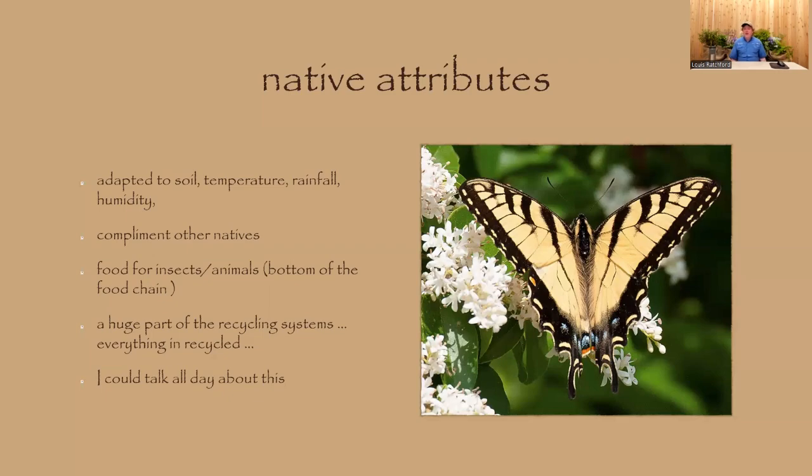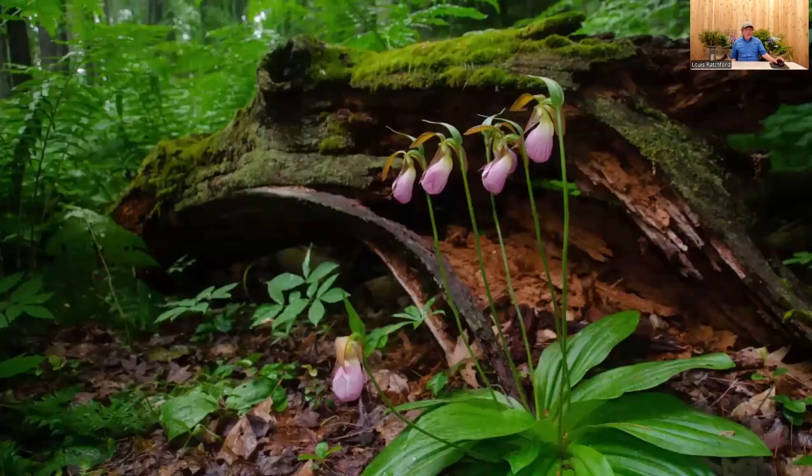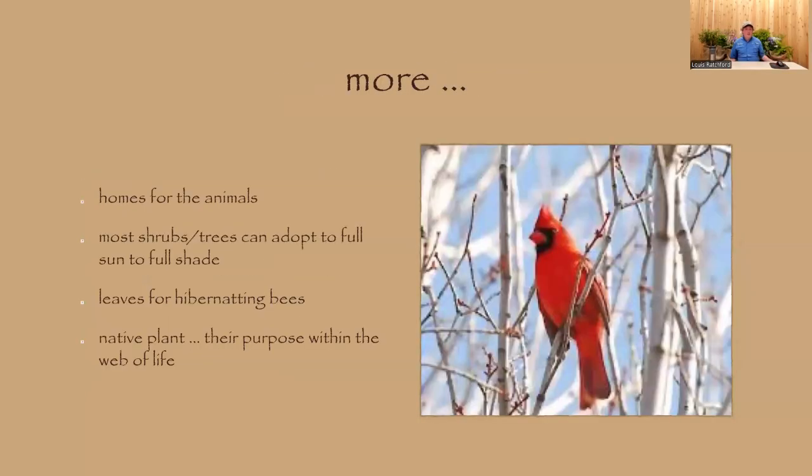They've been feeding on these plants for a long time. They also have an extremely complex recycling system. Everything in the woods gets recycled. Nothing ever goes to waste, which I find fascinating. I could talk all day about these scenarios and how much these native plants have to be known for.